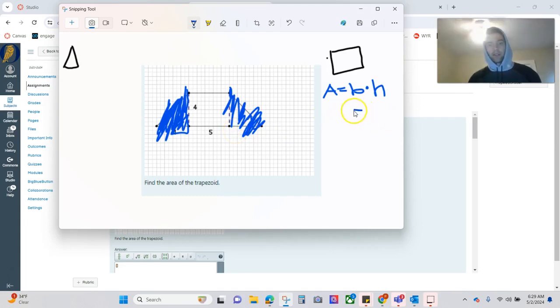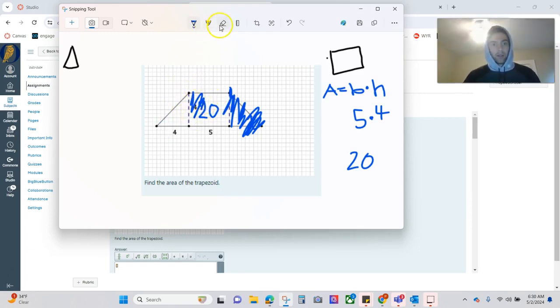Well, the base is 5, and the height is 4, so the area of just that rectangle is 20. Now let's decompose this again in another way. So I'll write 20 right there.